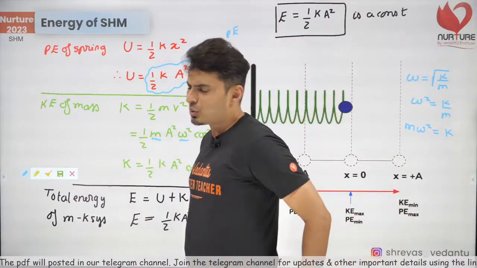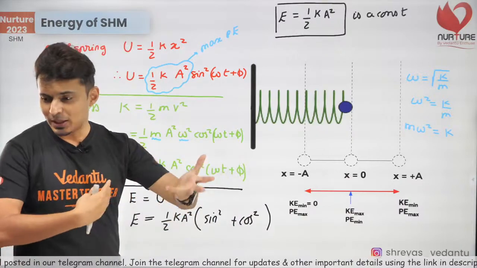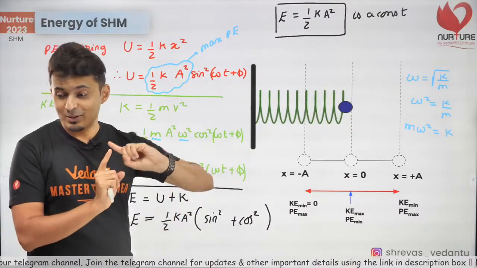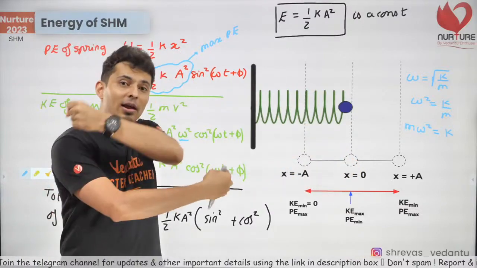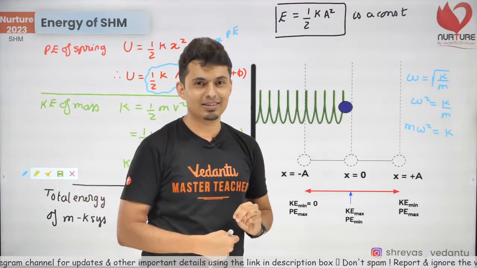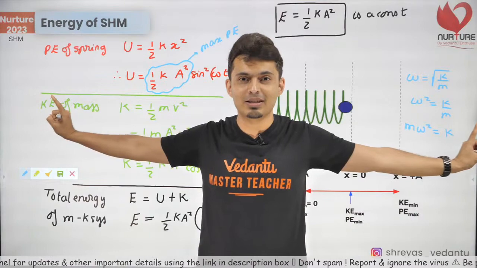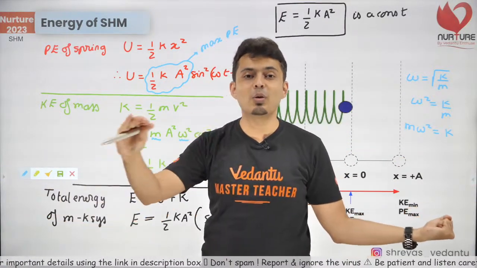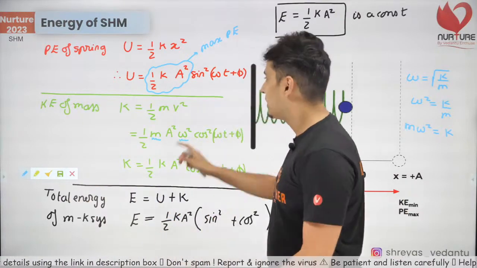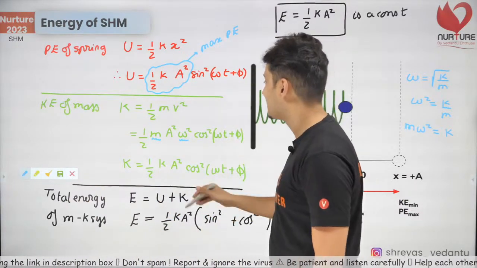Where do you think the total energy and the potential energy will be equal? No, it will not happen at the mean, it will happen at the extreme. Yes, maximum stretching or maximum compression, both the places, both the extremes. So all the energy is in the form of potential energy, there is zero kinetic energy. That's what it is. So this is maximum potential energy.